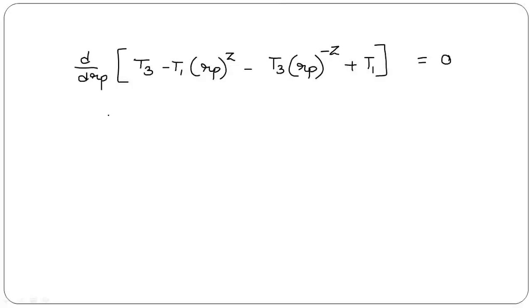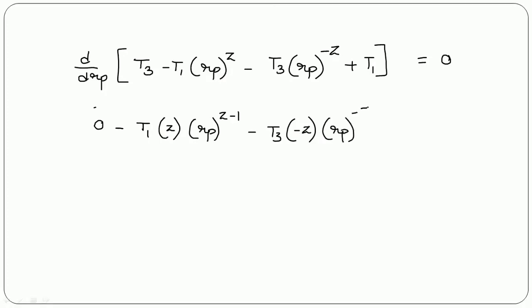Now on differentiation here, this becomes 0 minus T1 into z into Rp to the power z minus 1 minus T3 into minus z into Rp to the power minus z minus 1 plus T1 will become 0 here. This will be equal to 0. Now minus of minus z can be multiplied so that you will get a positive value.